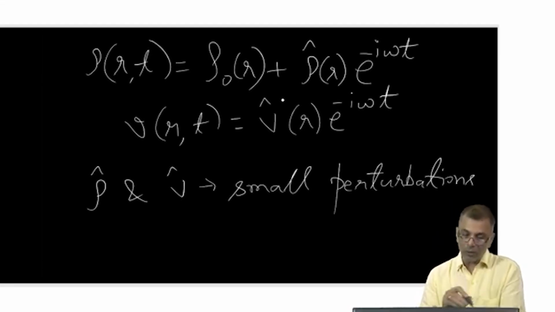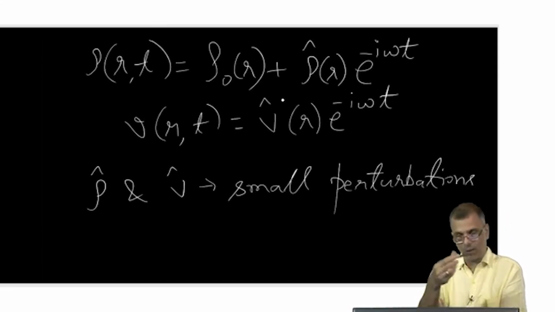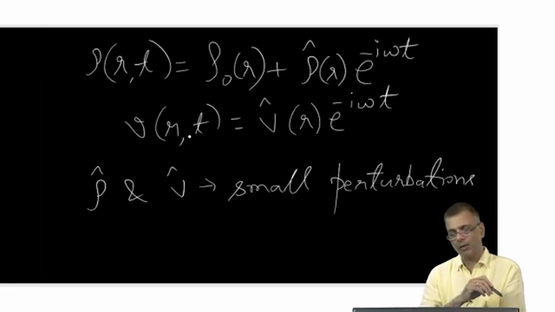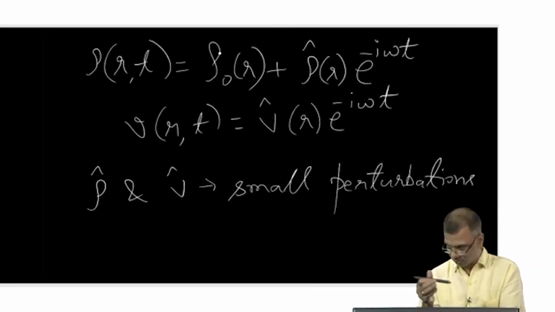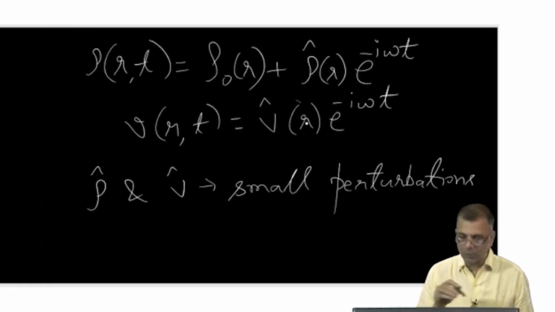Okay. So, what we do is, in the mass and momentum conservation equations, we substitute this rho and this v. And we know that the background density satisfies the background equations, and it was assumed that the starting velocity was 0. Now the starting velocity is some small quantity.